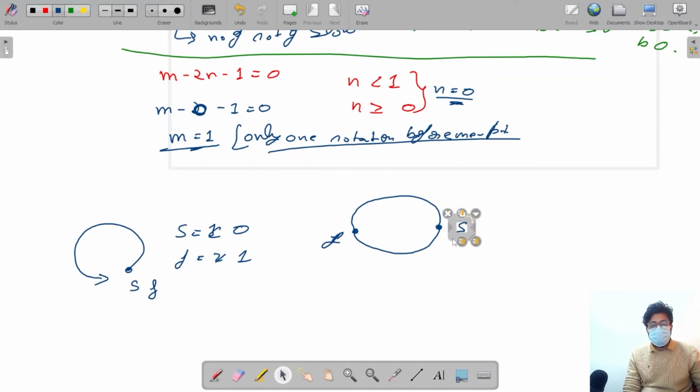In the second round, slow goes to here, fast goes again and comes back here. But in the second round, what happened? F meets the S. So in the second rotation, F meets the S, so that is not considered, right? So here also S is equal to 0 and F is equal to 1.